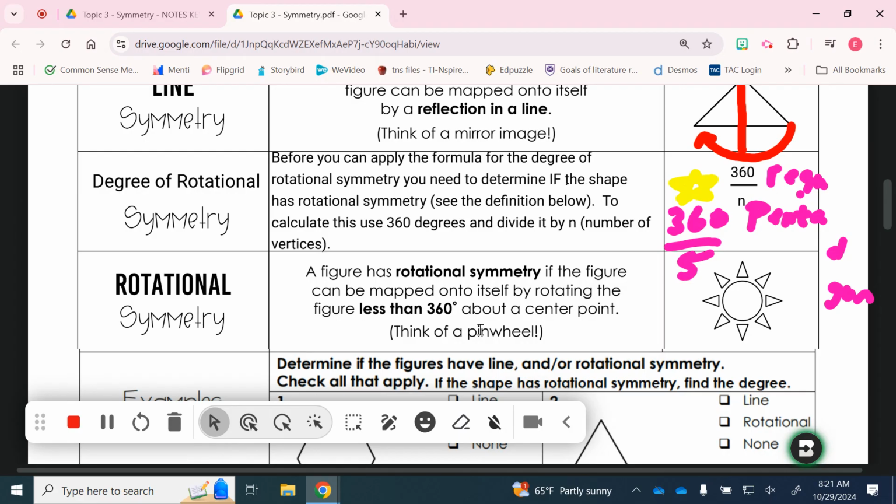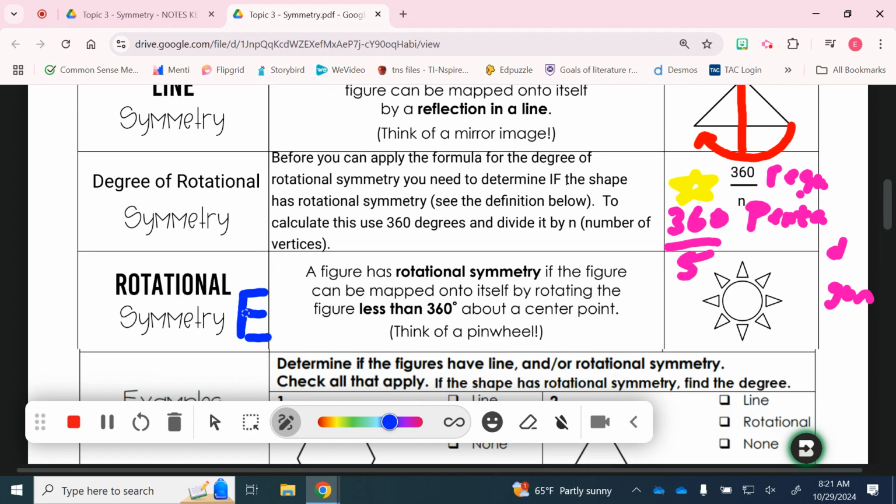To give you an example, this would look similar on your test if they gave you the letter E. If I put a point directly in the middle of E and I rotated this, is there any way that E is going to map back onto itself before reaching a full circle? No. So the letter E would have no rotational symmetry.